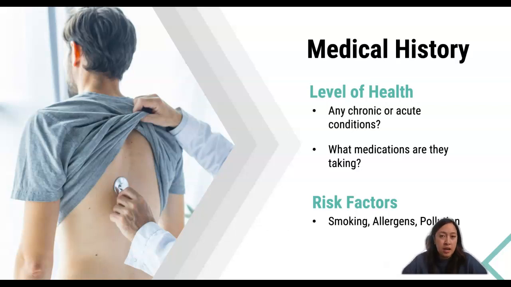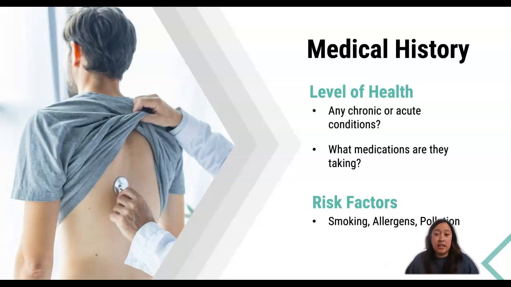Pollution is a big thing that we talk about here in Southern California with the smog, right? You can see how bad it gets, and that's all going into our lungs. And think about with pollution, patients in more urban areas, they tend to have more respiratory issues as opposed to patients in more rural areas.